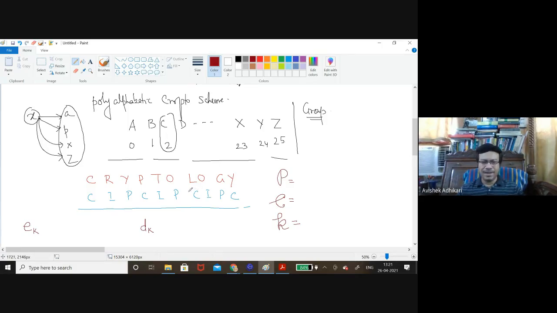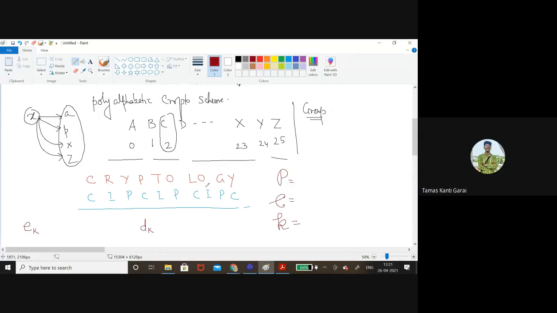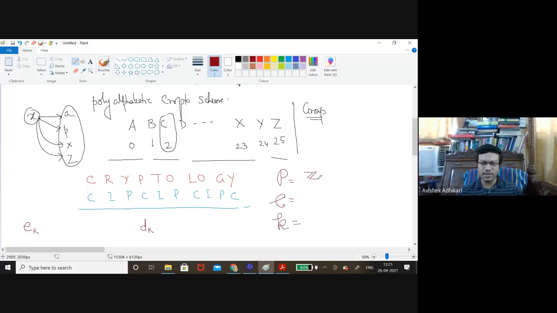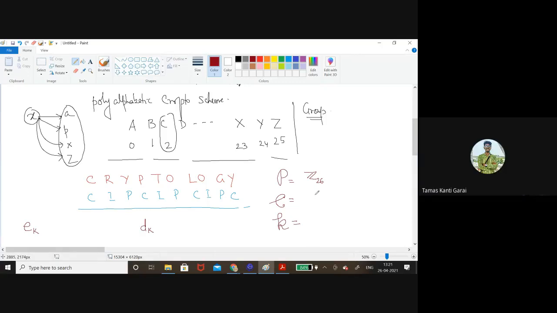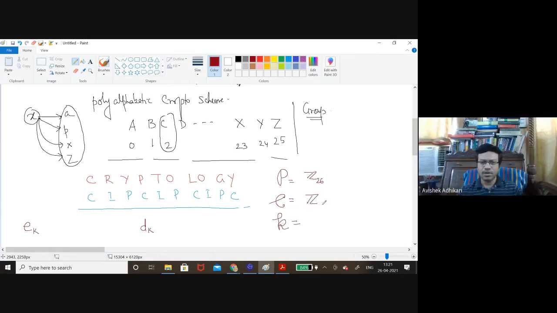So what is my plain text set here? Somebody says Z26. Now, what is your ciphertext? It is also Z26. And what is your key space? Now it will be a difficult task for you to say what the key space is.